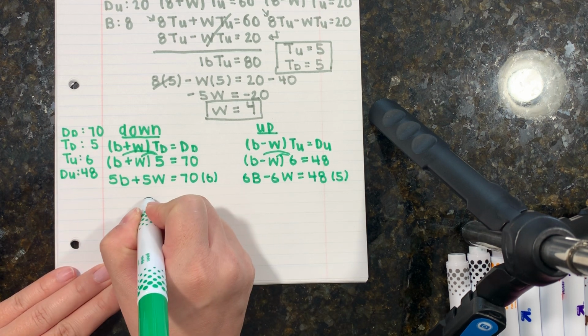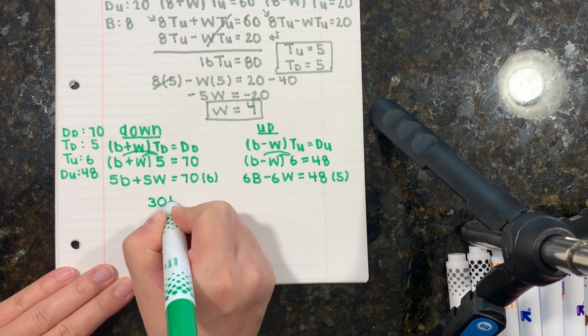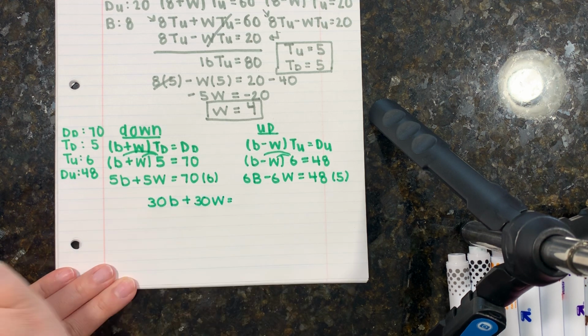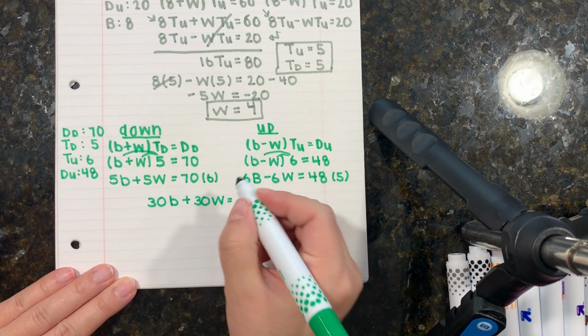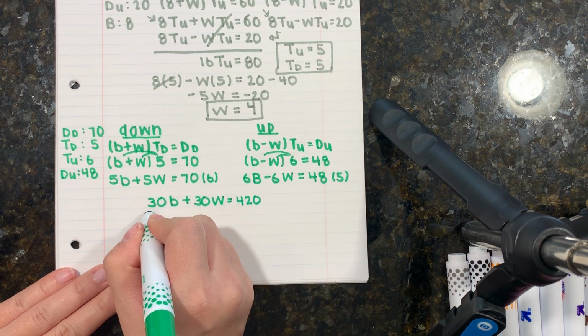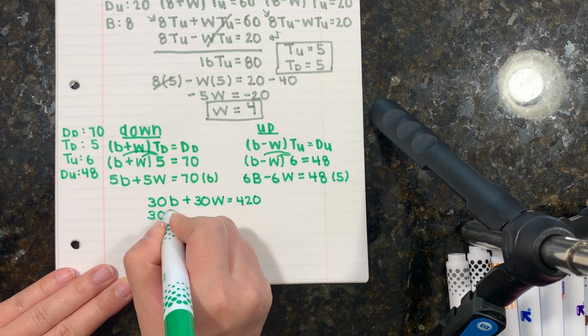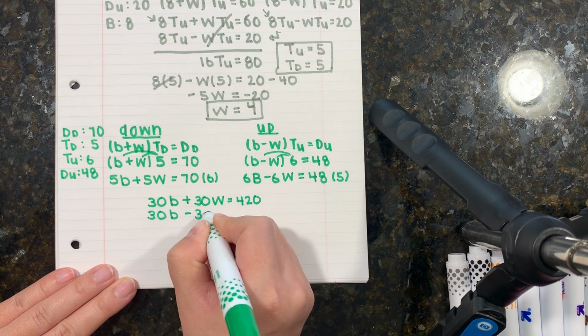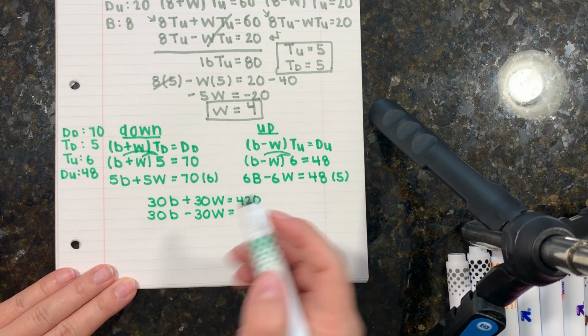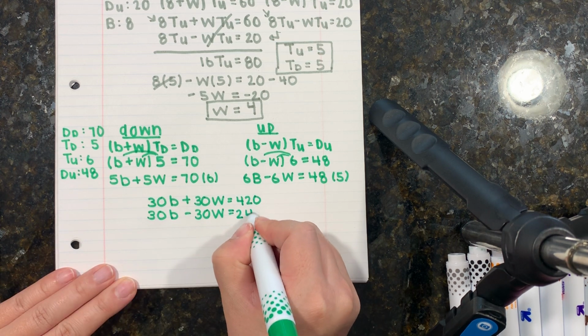So that would give me 30B plus 30W equals 420. Multiplying the other equation gives 30B minus 30W equals 240.